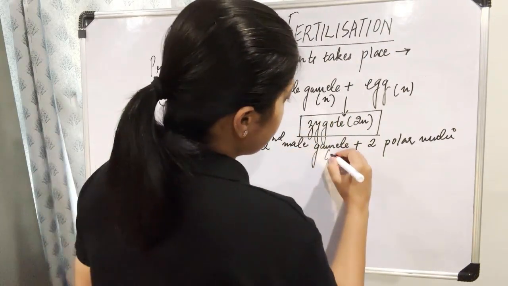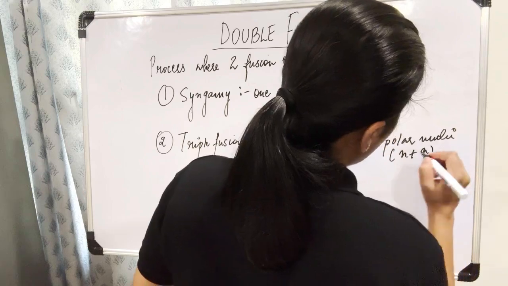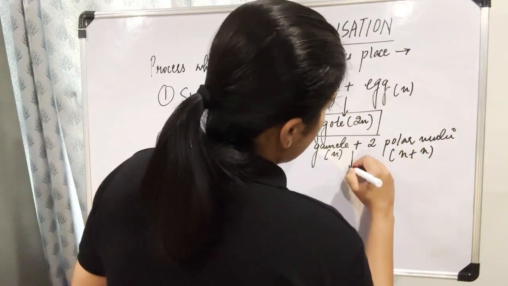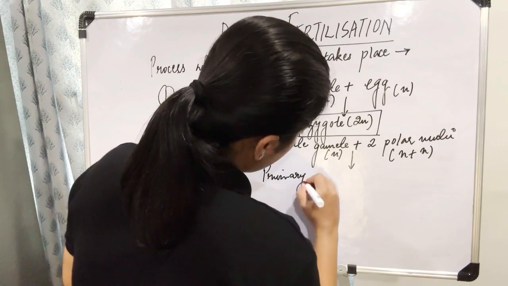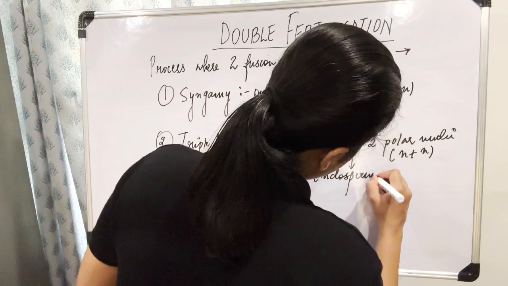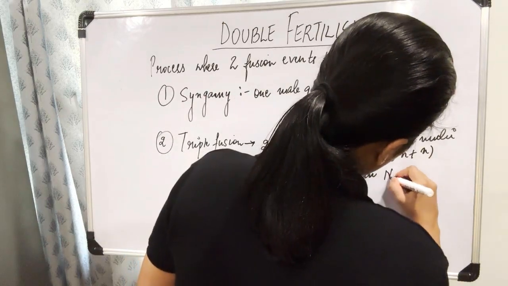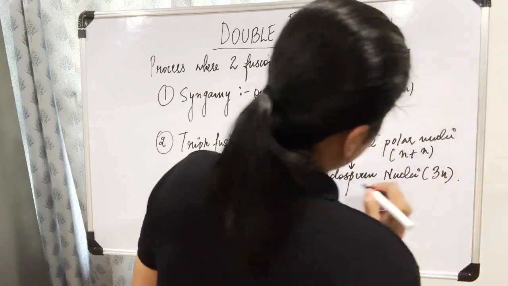The second male gamete is haploid and the two polar nuclei are also haploid, and this forms the primary endosperm nucleus, which is triploid.